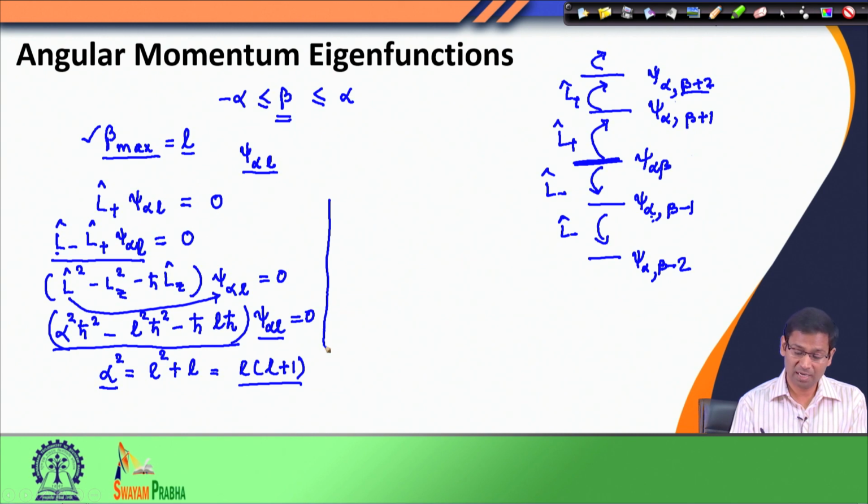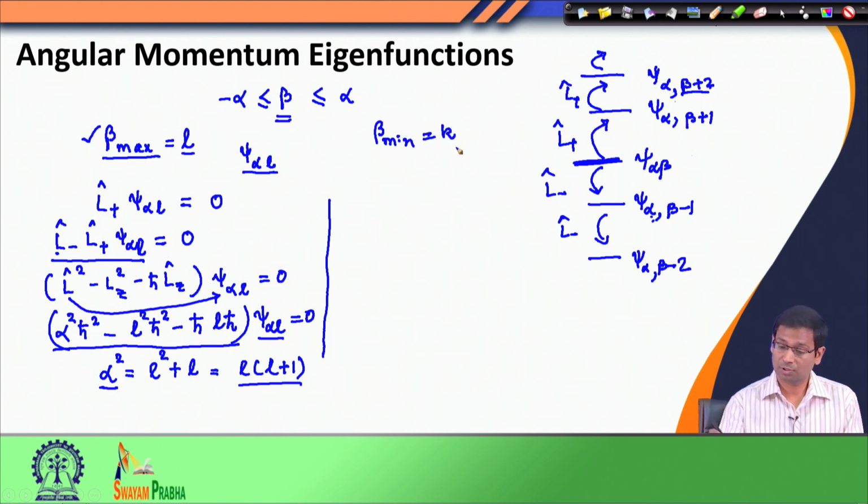I can similarly do this by defining beta minimum as a new variable k. I said that there exists an upper bound, that is beta max, and similarly there would exist a lower bound, and that I would call beta min. So, the lowest function will become psi alpha k.